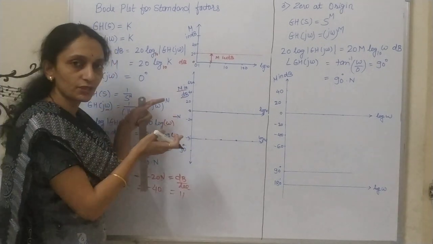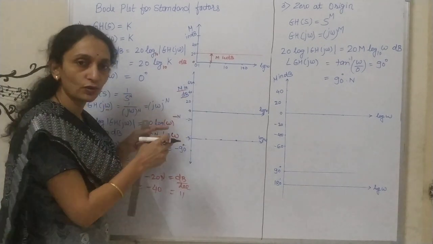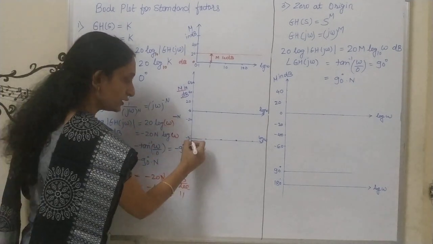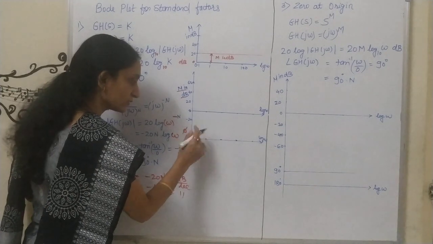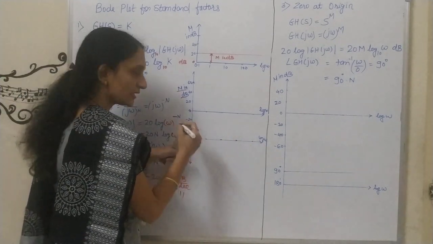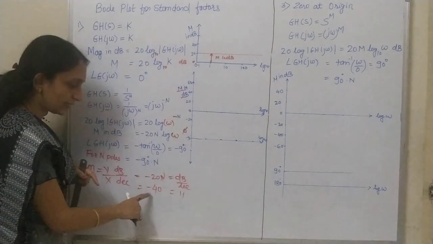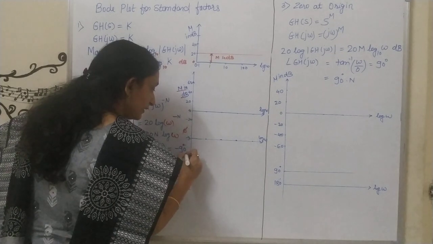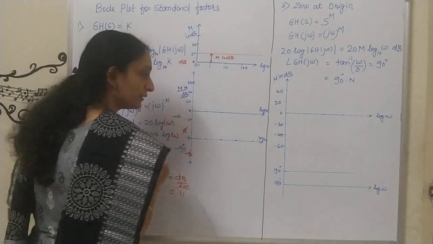Half portion of semi-log paper you will use for the magnitude plot and half portion for the Bode phase plot. This portion I am using for the phase plot. I am starting with minus 90 because I know that the angle will be fixed, that is minus 90. Then for two poles it will be minus 180, so I can show here minus 180 like that.